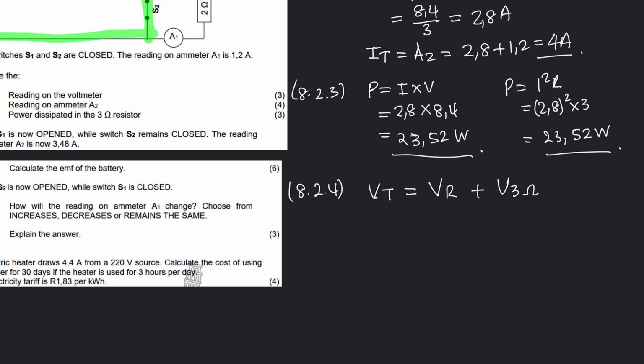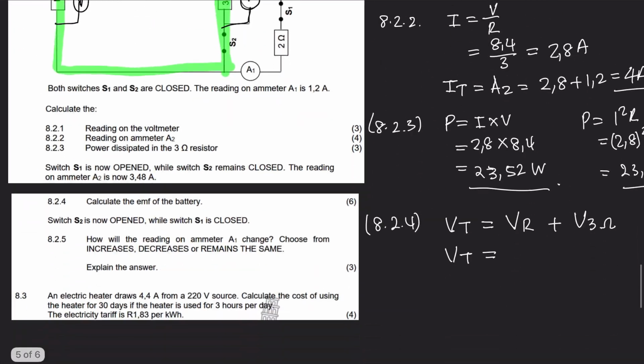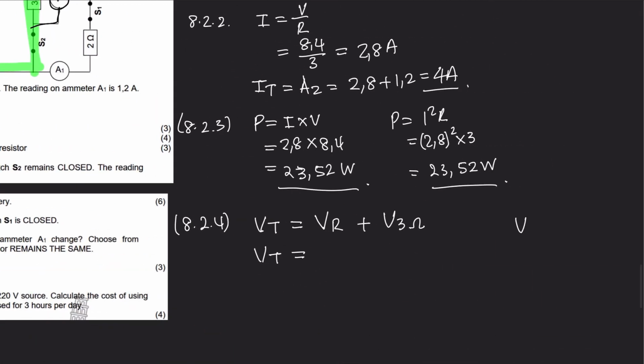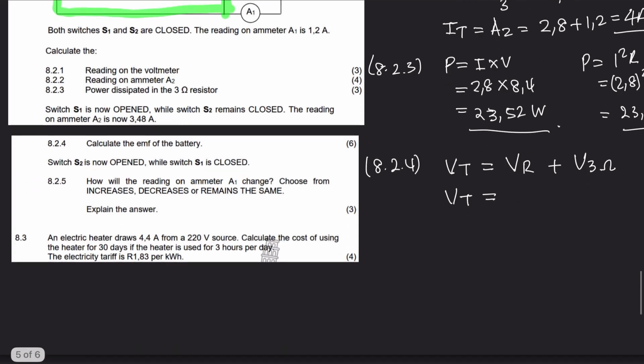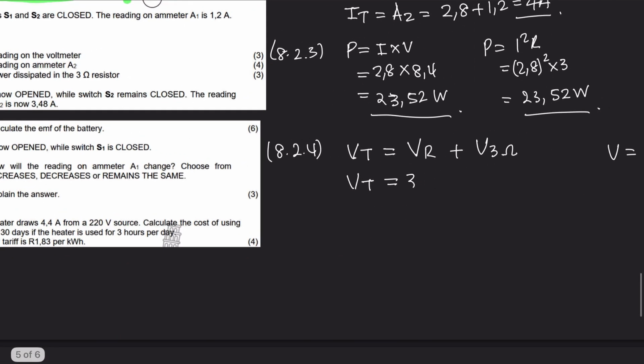Now we don't know the total voltage, so let's call it VT. Let's look at the voltage being used up by R. We know that voltage V is equal to I times R. We know the current that's passing through it. The current is 3.48. So this is 3.48 multiplied by R. We don't know what R is.